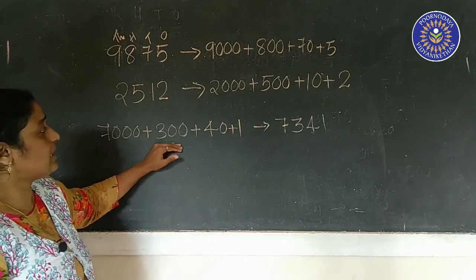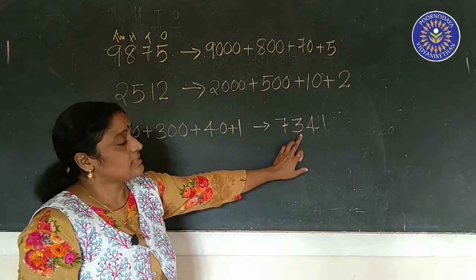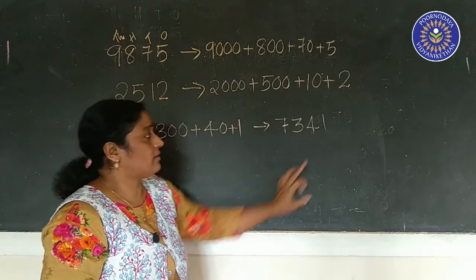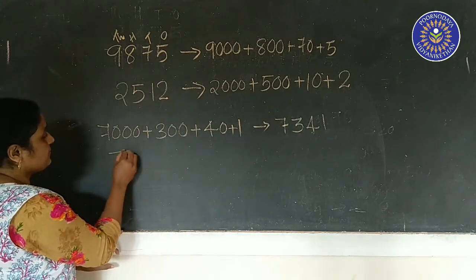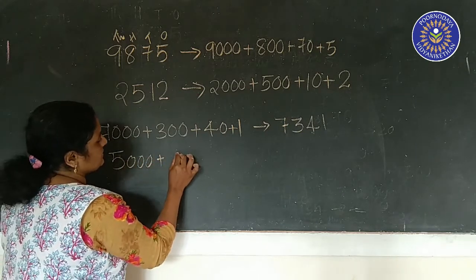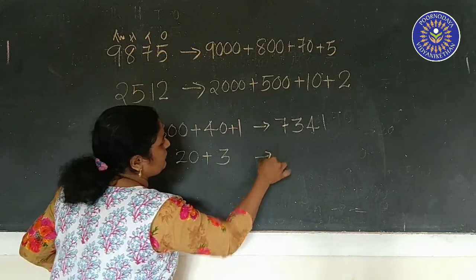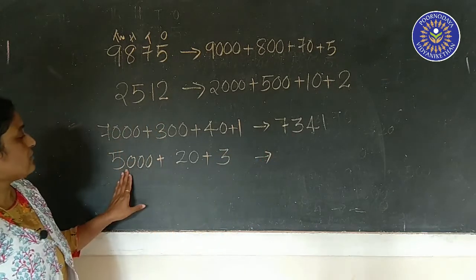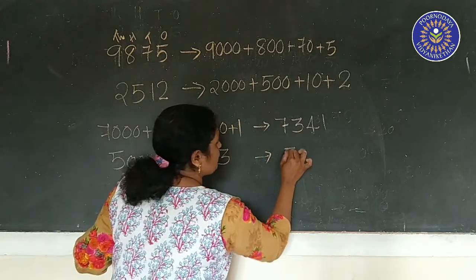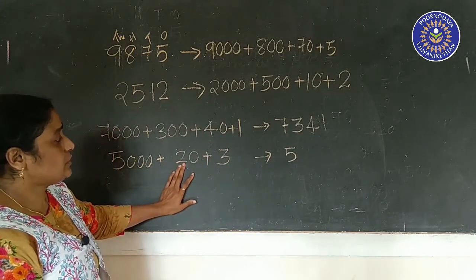7,000 plus 300 plus 40 plus 1. We can write 7,341. One more example. 5,000 plus 20 plus 3. How will we write it? In thousands place there is 5. Then next it is given 20.